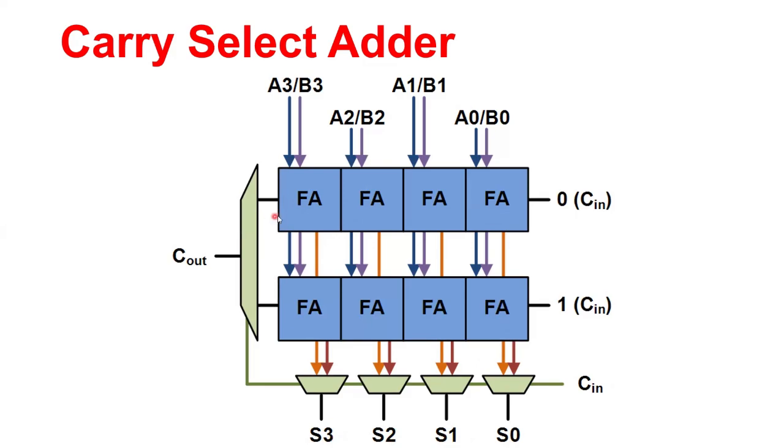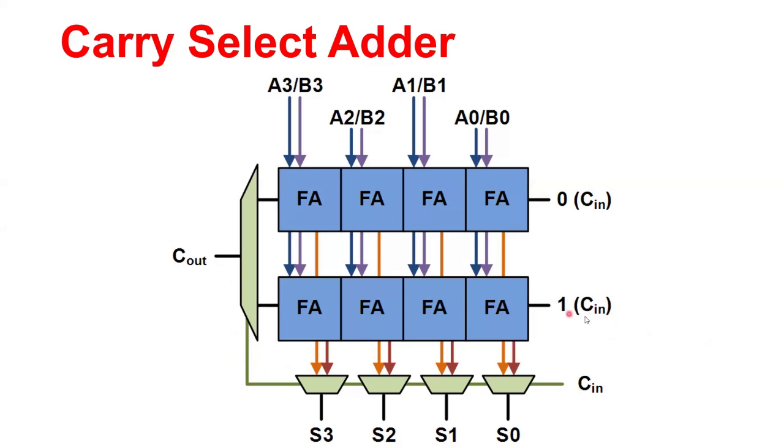And similarly, because the initial carry C in is equal to 0, the C out from the top or bottom row would be selected based on C in being 0. So obviously the top row's C out gets connected to the final C out, to be the final outputs for sum and carry of this complete adder circuit.